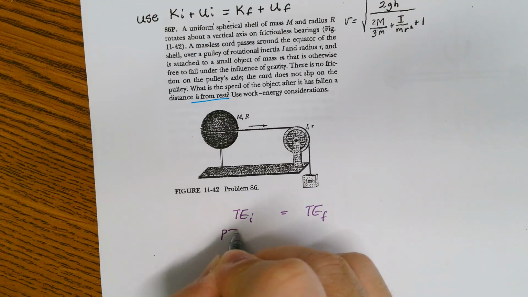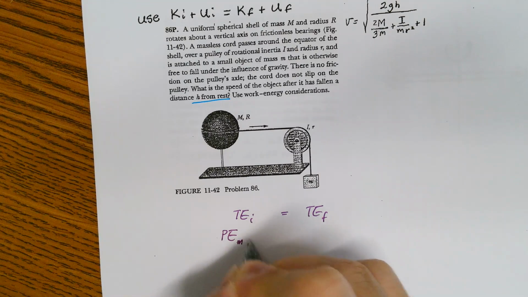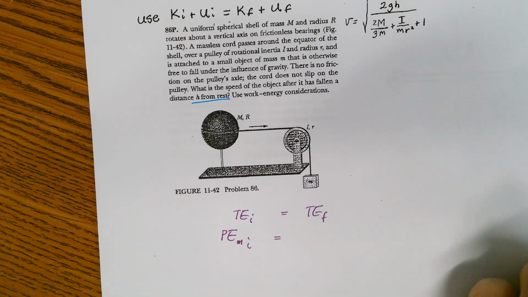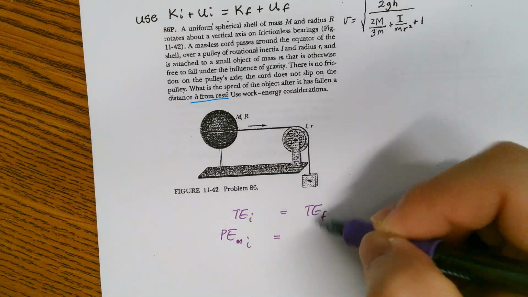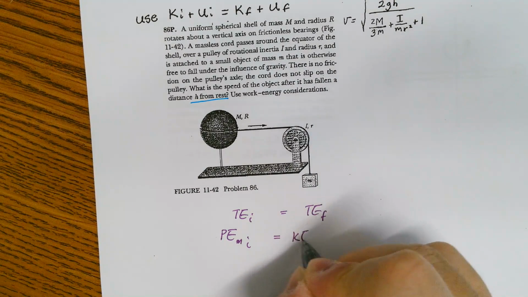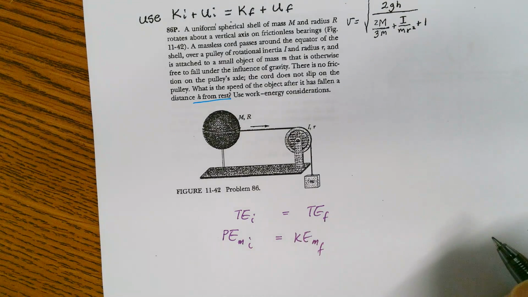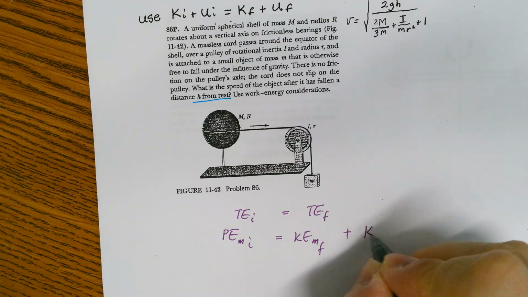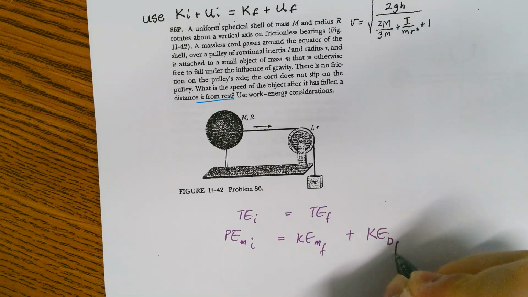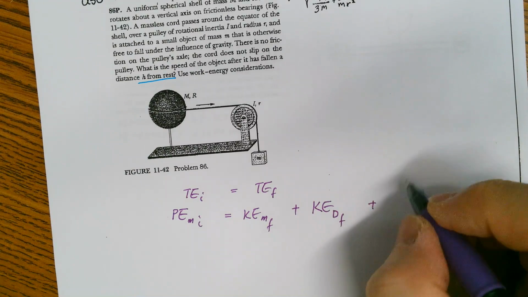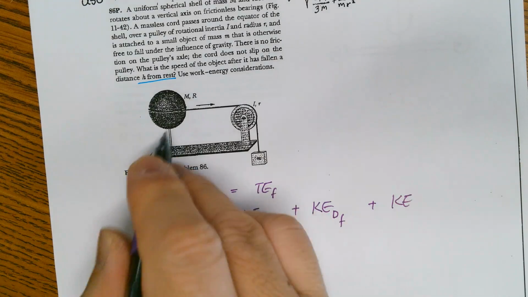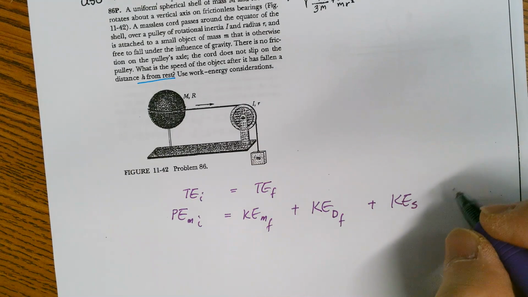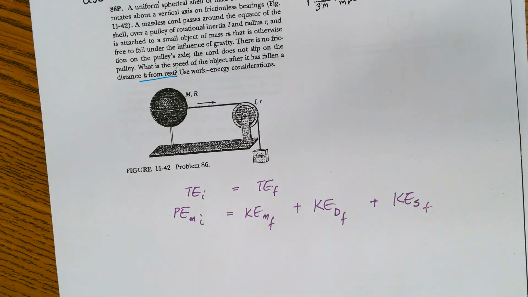So I only have potential energy of small m initial that has to equal to, as this thing falls, this will gain kinetic energy. This disk will gain kinetic energy. And there's going to be the rotational kinetic energy for the spherical shell. Okay?